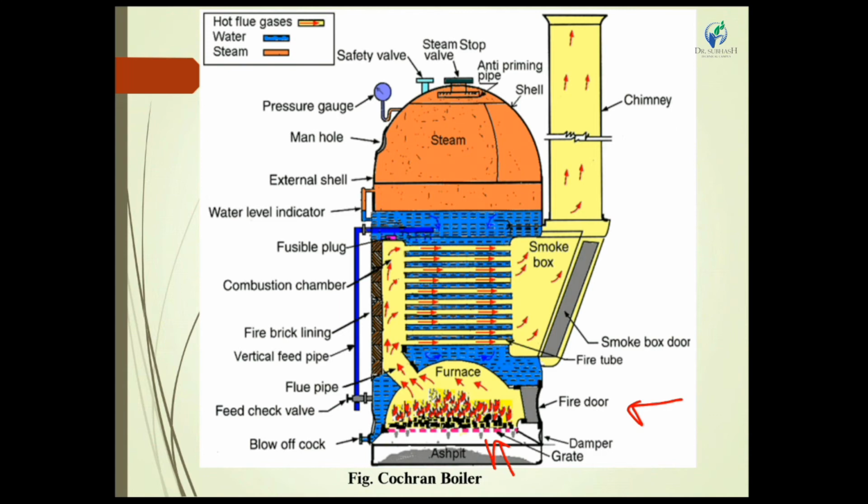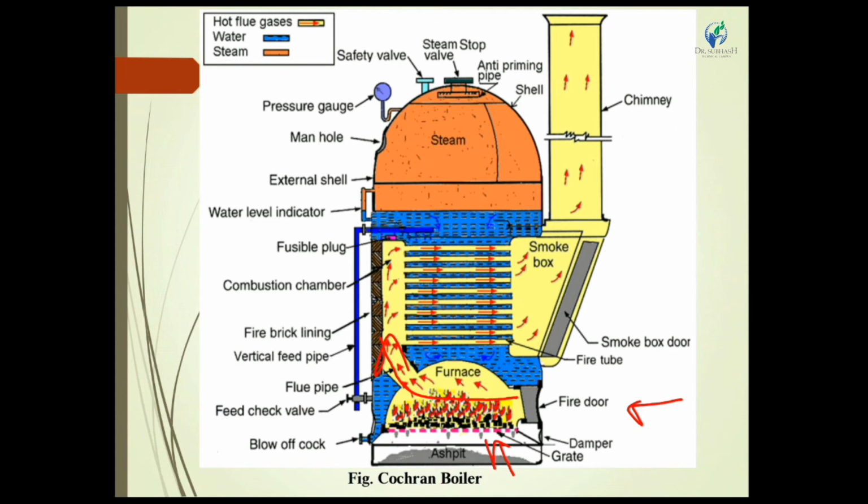There is a high temperature rise. Ash and flue gases are passed through the flue pipe. Then the flue gases are passed through this yellow or red arrow mark, the fire tubes. These fire tubes are inside the boiler and are directly in contact with the water.